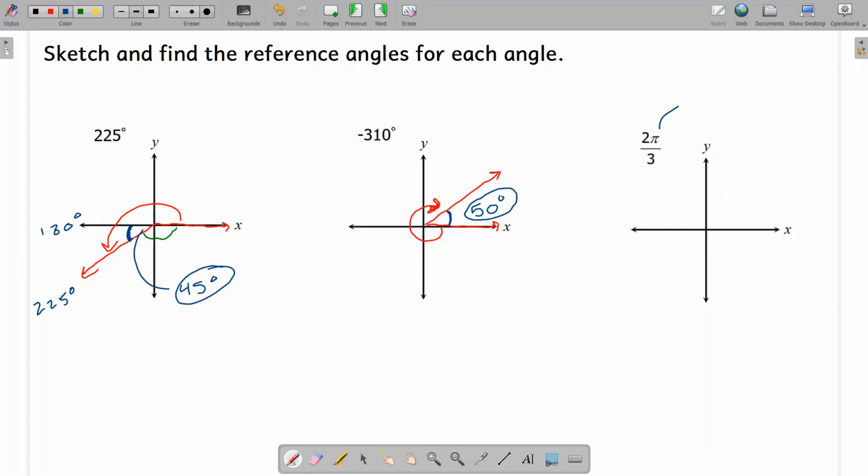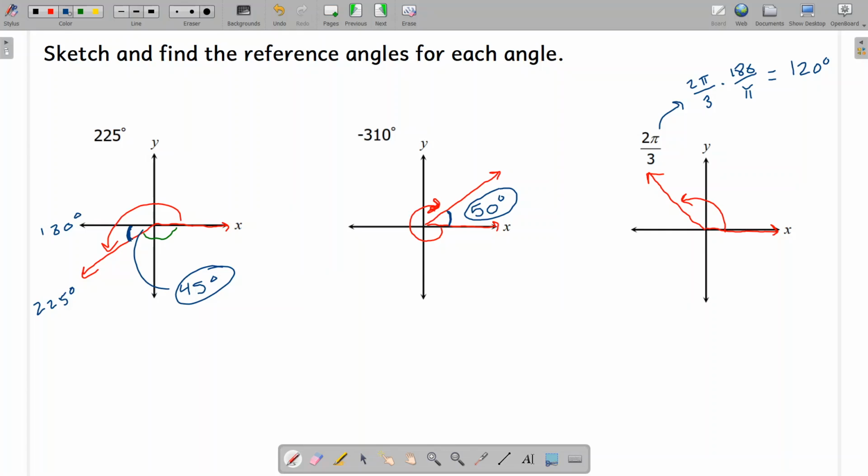Now, let's say we have one that's in radians. Okay, let's just convert this to degrees. Because it's going to make graphing or sketching the angle much easier. So if we do our little conversion here, we find that this is really 120 degrees. So now we can sketch it much easier. 120 degrees is going to put us right about here.